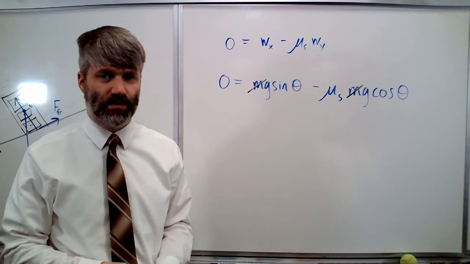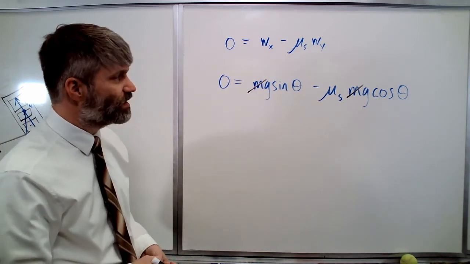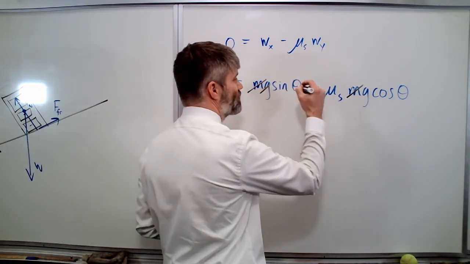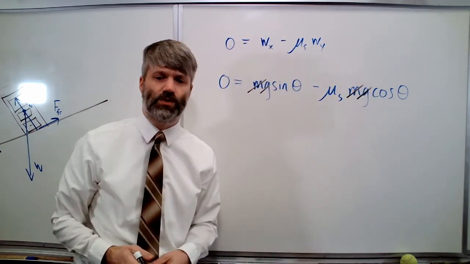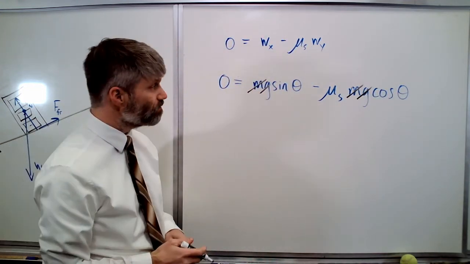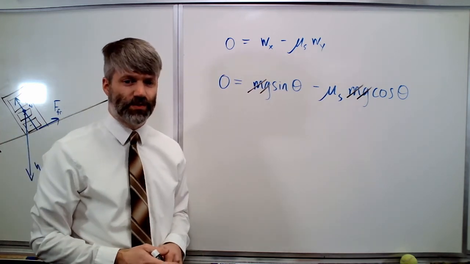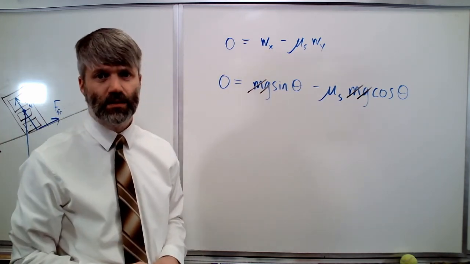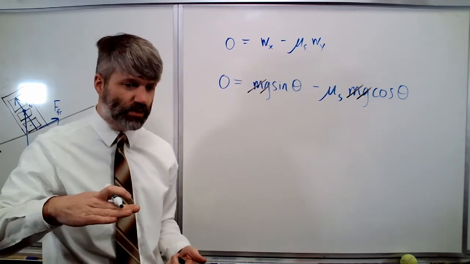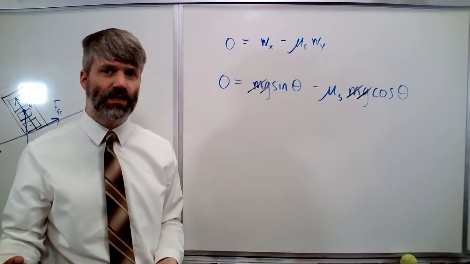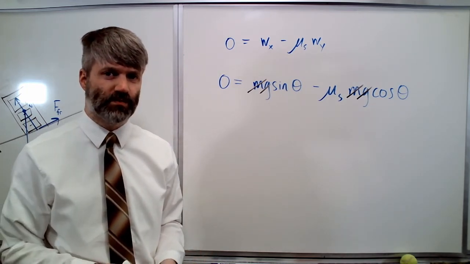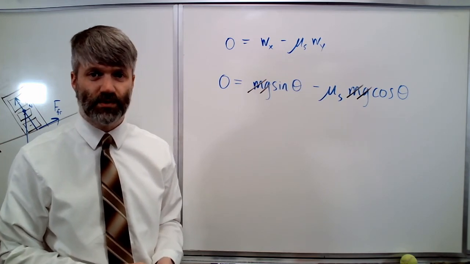The mass doesn't matter. We'll see too, g is going to cancel from our calculations as well. And so if you took this to the moon, you would tilt it to the same exact angle in order to get this file cabinet to start to accelerate.